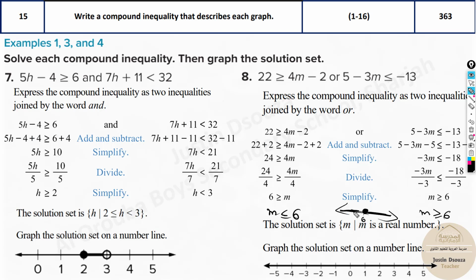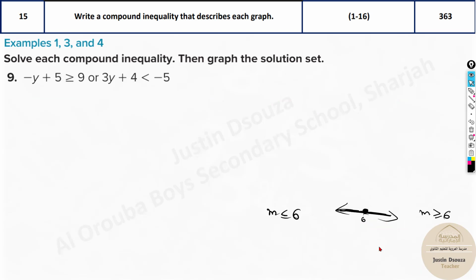Everything to the right, everything to the left, and even this point. That means all real numbers are considered. The solution is all solutions. So literally entire number line only is the solution over here. Whenever you have M less than or equal to 6 and greater than or equal to 6, same number, yes, it's possible. Okay, all possible solutions.